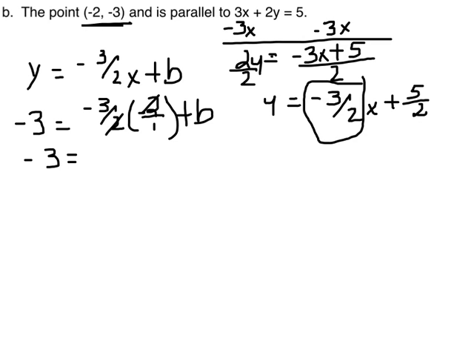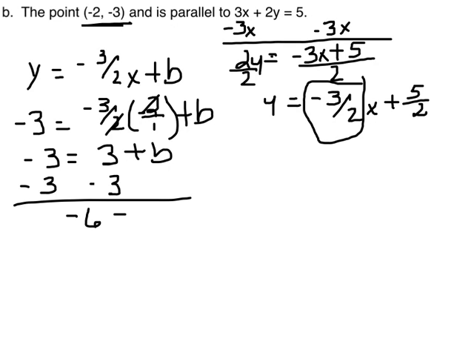These 2's cross cancel, so I get 3 plus b. I'm going to need to subtract 3 from both sides, and I find that b is equal to negative 6. So then the equation of this parallel line would be y equals, same slope, negative 3 over 2x minus 6.